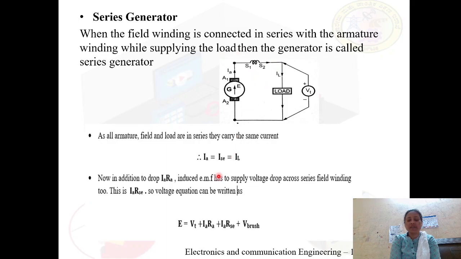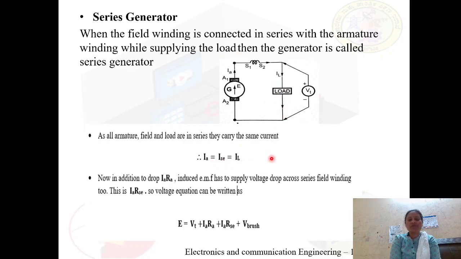Let us call the field current the series field current, and IL is the load current. There is no branching over here. So the same current that flows in the armature flows through the field winding and through the load. Therefore Ia is equal to Ise, which is equal to IL.